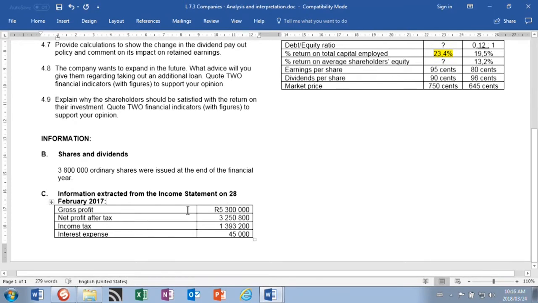So there it is. Okay, so I'm going to use the 3,250,800, the net profit after tax. Then we add the tax of 1,393,200, and then we add the 45,000. Okay, that is information that I got there, so there you can see it.